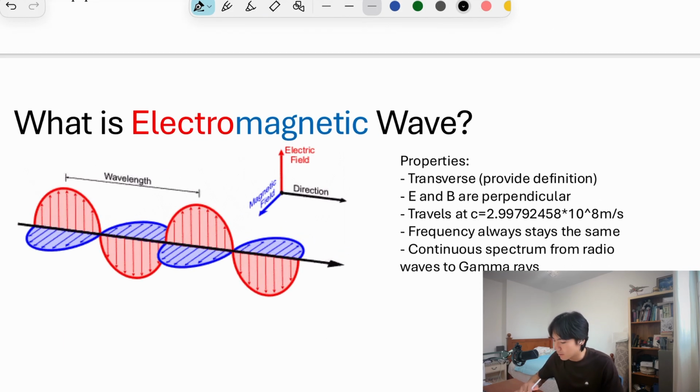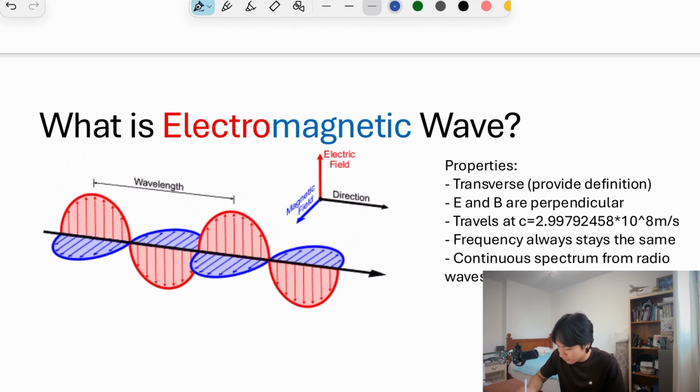Okay, so what is an electromagnetic wave? I think the name itself gives quite an obvious answer, right? Electromagnetic, meaning there's an electro component and a magnetic component. And an electromagnetic wave, if you remember from S6 the different types of waves, is a transverse wave because the oscillation is perpendicular to its direction of travel, right?